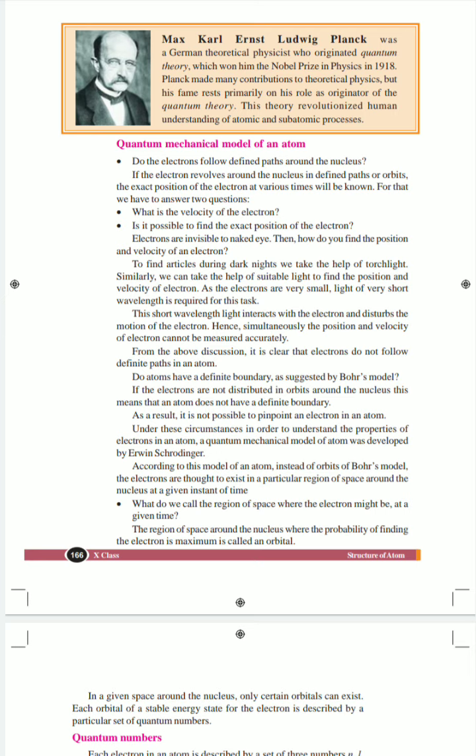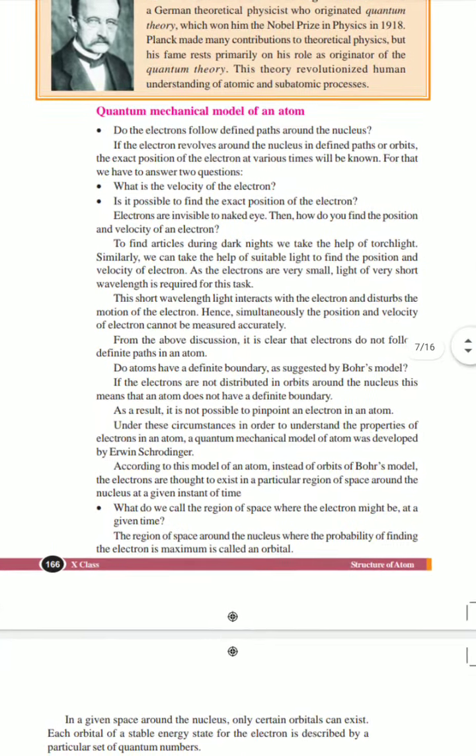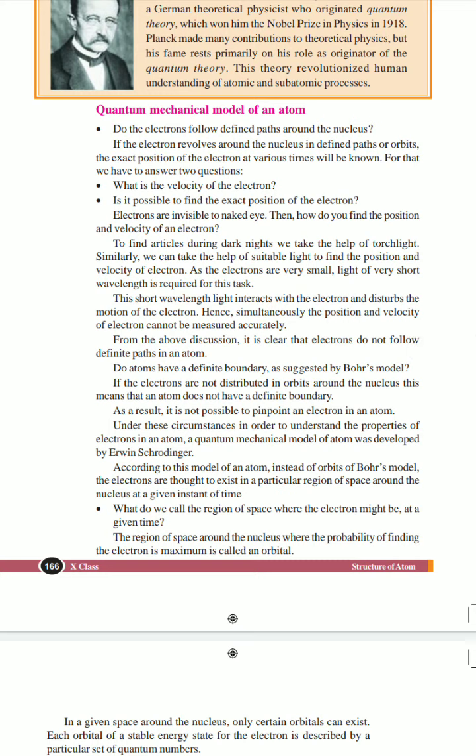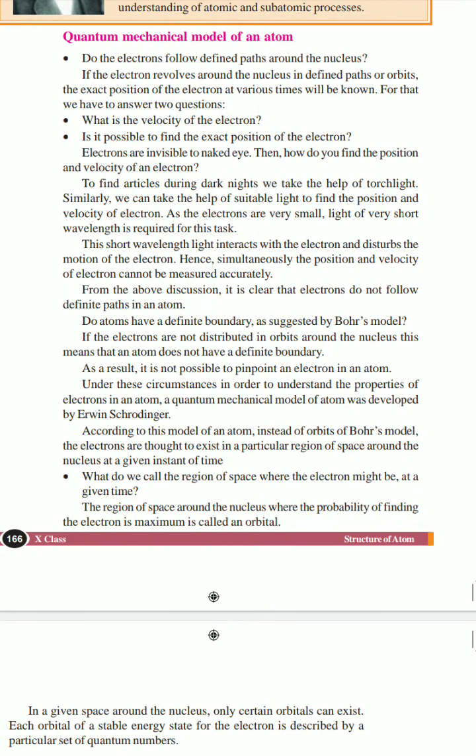According to this model of the atom, instead of the orbits of Bohr's model, the electrons are thought to exist in a particular region of space around the nucleus at a given instant of time. Whatever electrons are present in the atom will always exist in a particular place around the nucleus.